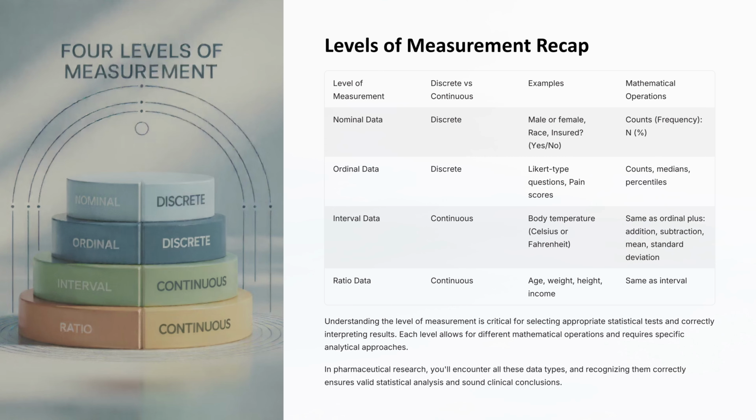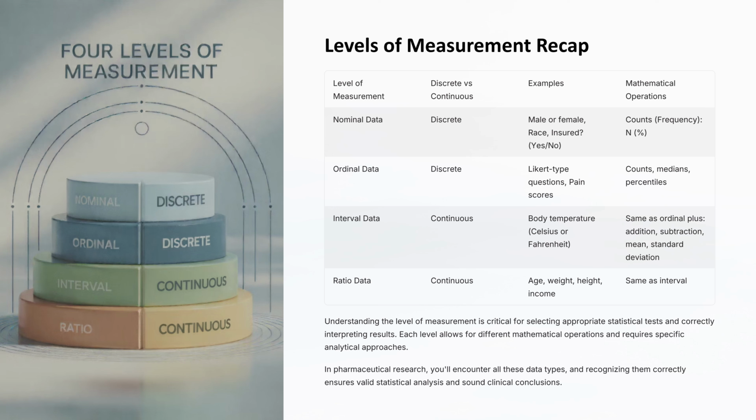And here's a nice little recap of what we've been talking about. So the level of measurement is in the first column, and then it goes on to tell you all the information you need to know. So this is a great thing to study from. Nominal data is discrete, and so examples are like sex or race, and the mathematical operations we can do on them. Ordinal is discrete, and that's the ordered data like pain scales.